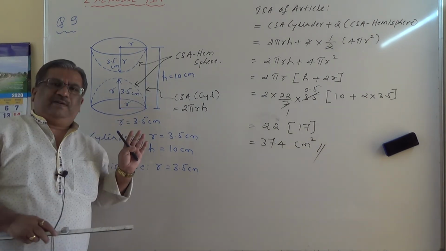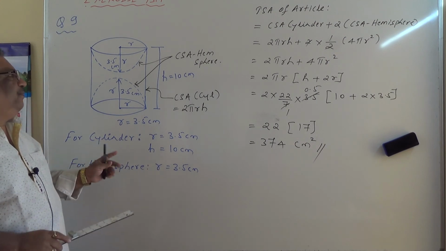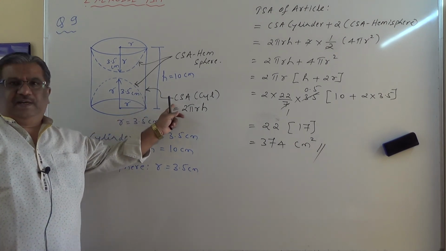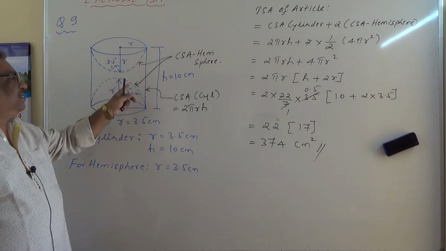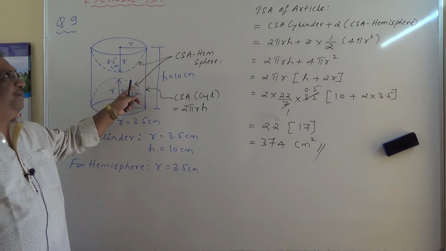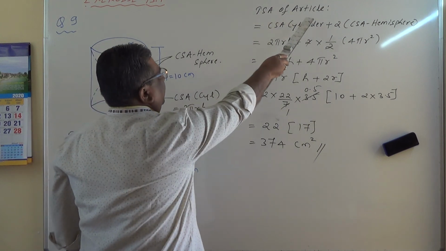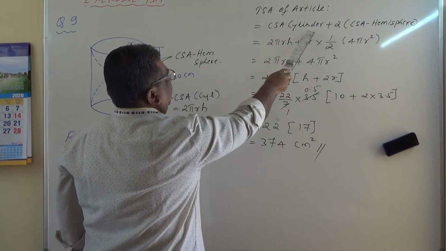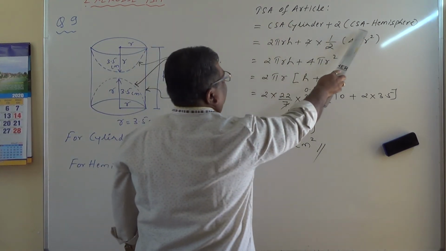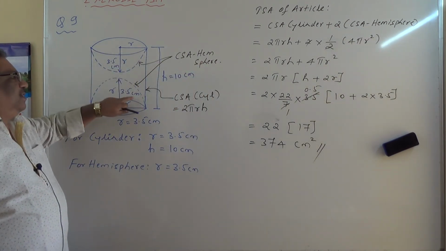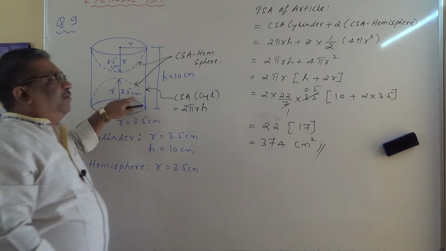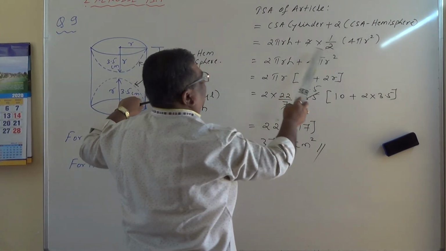The total surface area of this article is equal to curved surface area of the cylinder plus CSA of this hemisphere plus CSA of this hemisphere, isn't it? So TSA of the article is equal to curved surface area of the cylinder plus 2 times CSA of hemisphere. Why 2 times? These two hemispheres are identical and therefore 2 times CSA of the hemisphere.